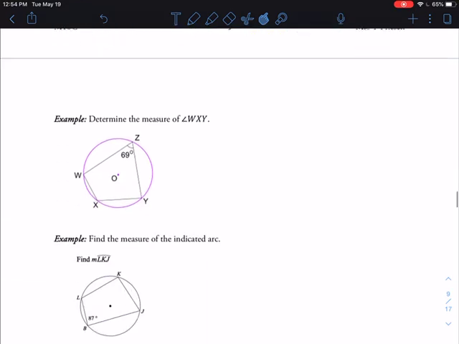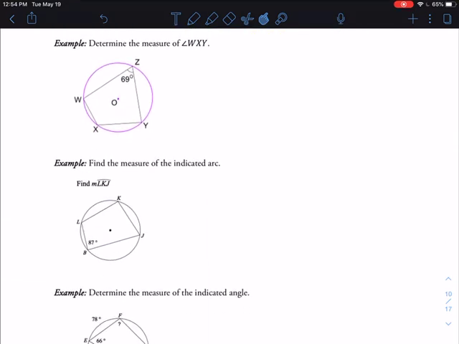All right, moving down. We're going to look at the measurement here again of WXY. We want to find this measure, and we already have this one, 69 degrees. And again, we know that if I added 69 degrees plus angle WXY, it's going to equal 180 degrees together. How do I know that? That's because this angle and this angle are opposites in a cyclic quadrilateral.